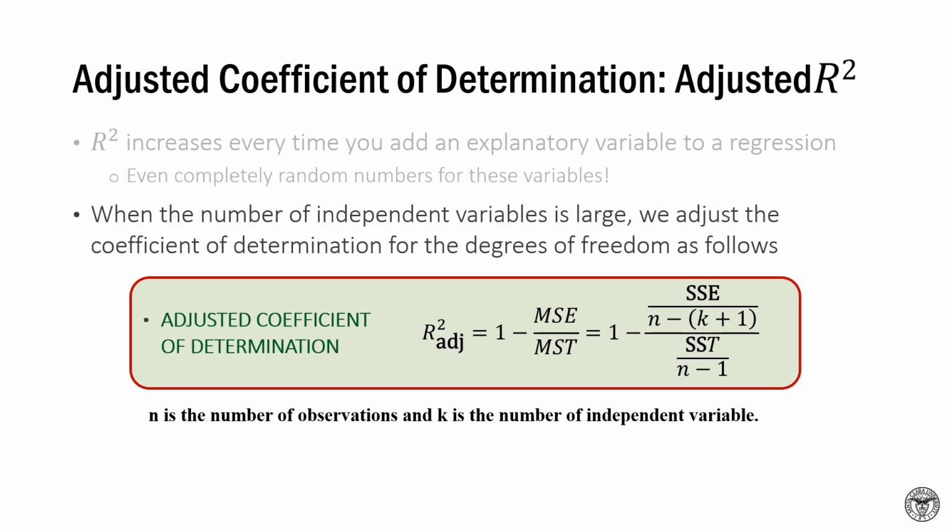In conclusion, a high adjusted R-squared implies that the model accounts for a significant portion of the variation in the dependent variable. On the other hand, a low adjusted R-squared may suggest that the model may not provide an optimal fit for the data.